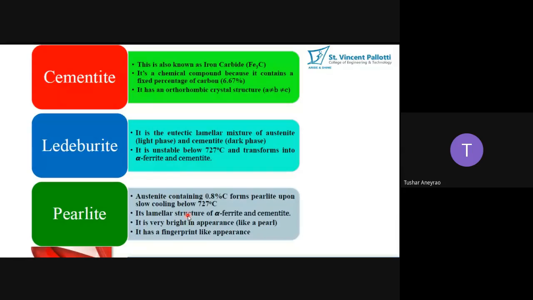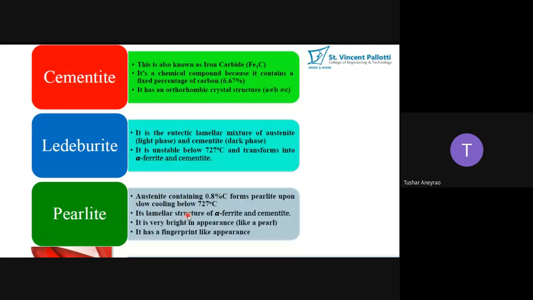Basically, one line of alpha ferrite is there and one line of cementite is there, and the mixture of alpha ferrite and cementite together is called perlite. So that's why, due to the physical properties, it is called perlite, right? So the pearl-like structure we are going to see in detail in the further slides.